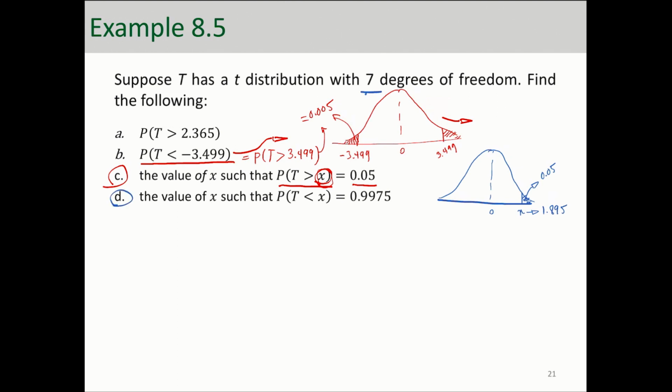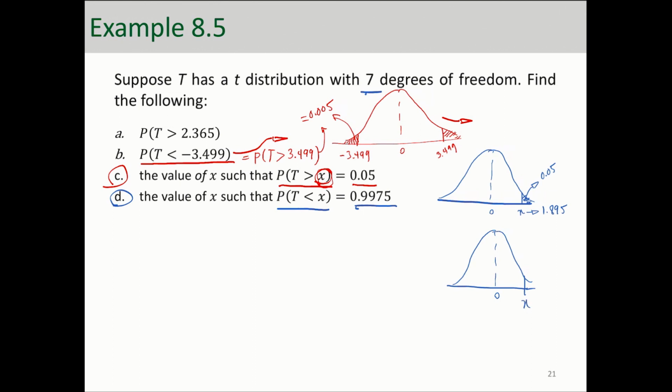Now part D says the value of x such that probability of t less than x is 0.9975. Again, let's put that on a graph of a t distribution. Here is 0, and probability of t less than x is that much. Because this number is almost 1, we're talking about almost the entire area under the curve.